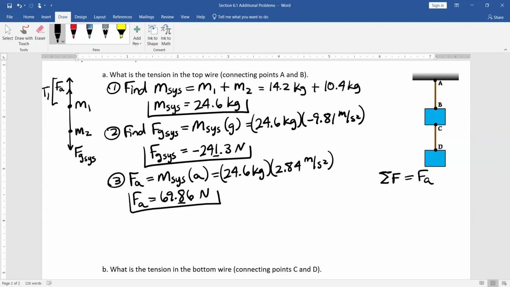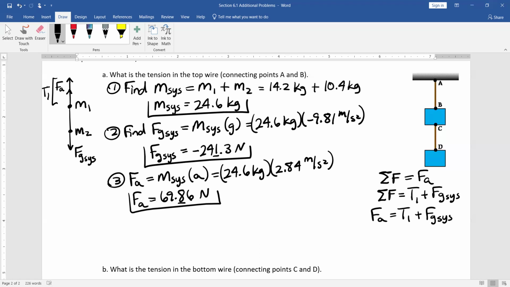That's created an acceleration because the tension is pulling the whole system upwards. So we can set up the equation that the force of the acceleration is equal to the tension plus the force of gravity on the system.